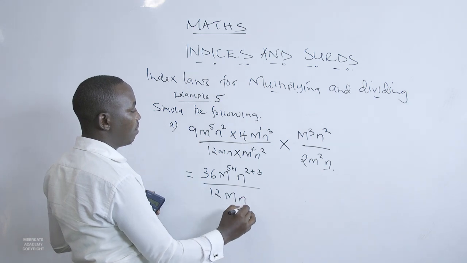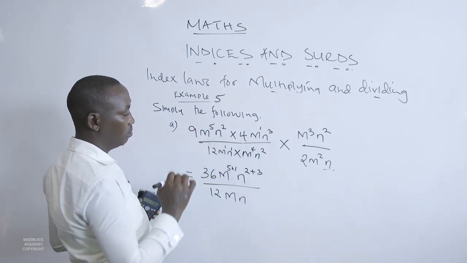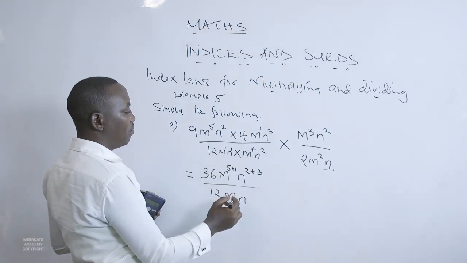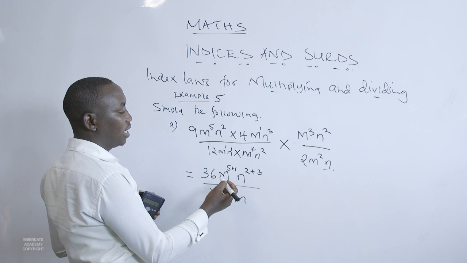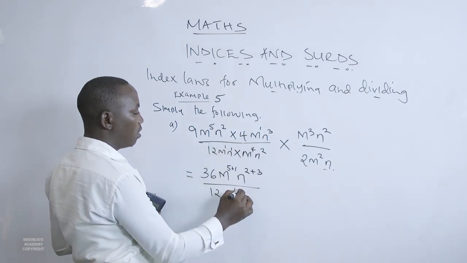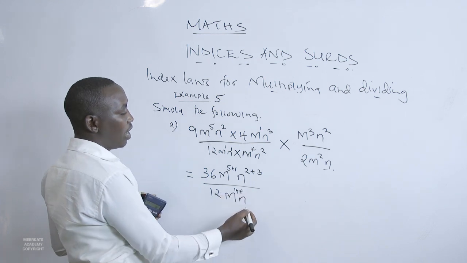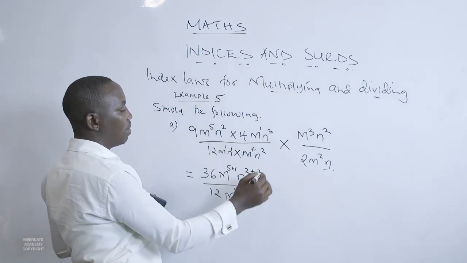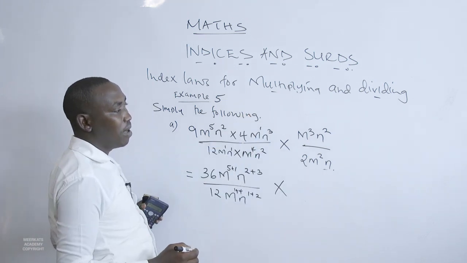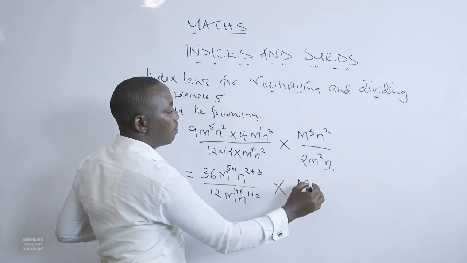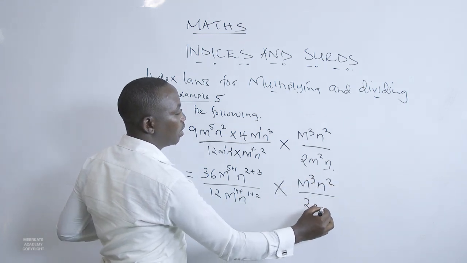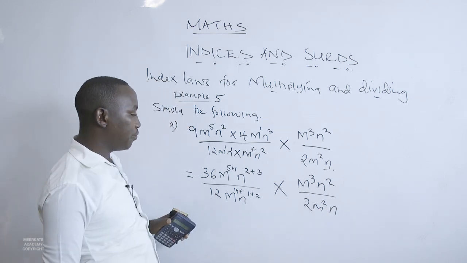The factors are mn, raised to power 1, raised to power 1. Therefore, to get the new powers after multiplying, we add the powers of m, which is 1 plus 4, and we add the powers of n, which is 1 plus 2. All this multiplied by m cubed n squared all over 2m squared n.